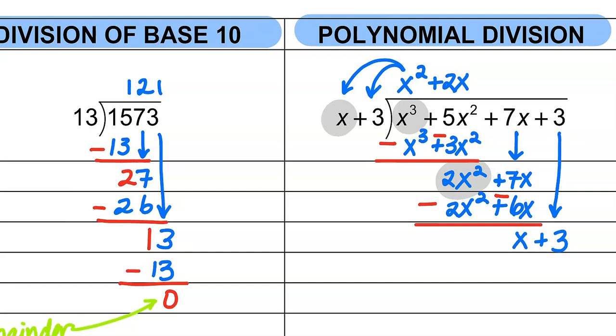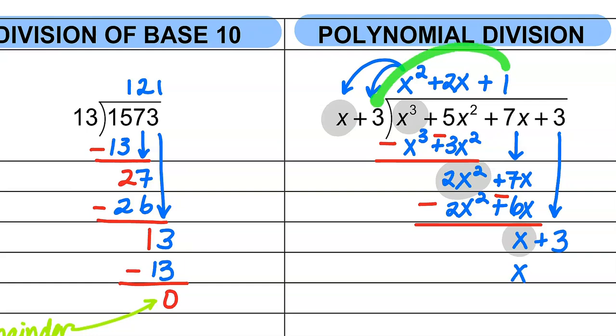What do you multiply the x that is here now, we're repeating the process, by to get the x down here? Yeah, 1. Is that a positive 1 or a negative 1? So I'll write plus 1. And then I'm going to distribute that through, right? 1 times x is just x.